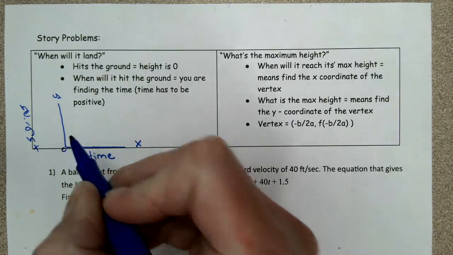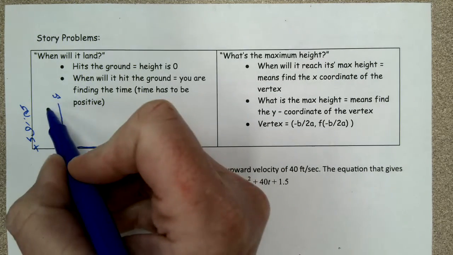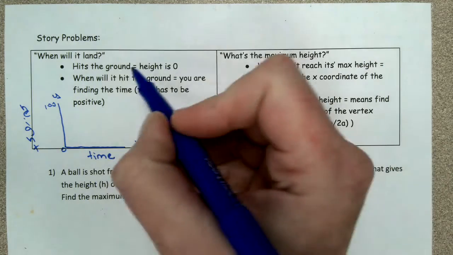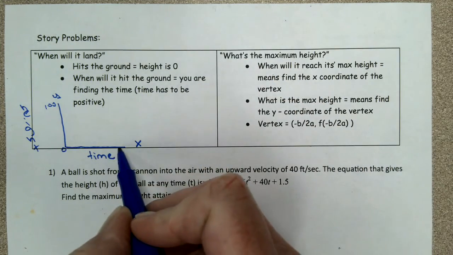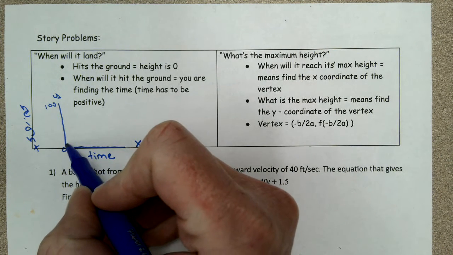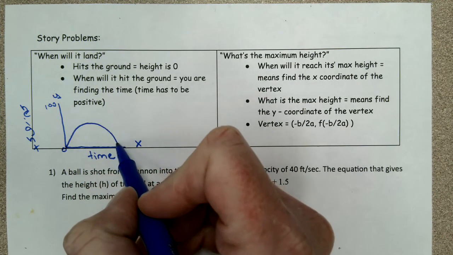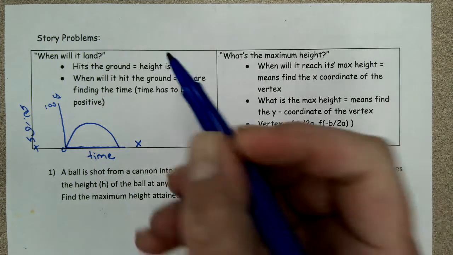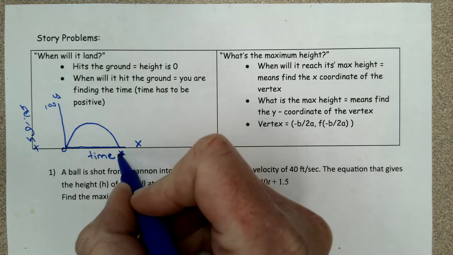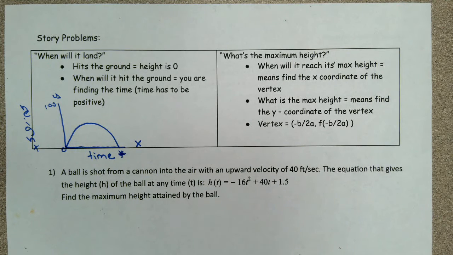So we have 0 down here, and for sake of argument, maybe it goes up to 100. And so the height of the ground is always 0. And so if it starts on the ground, it goes up and it goes back down. And so when will it land, you're trying to find that time right there.